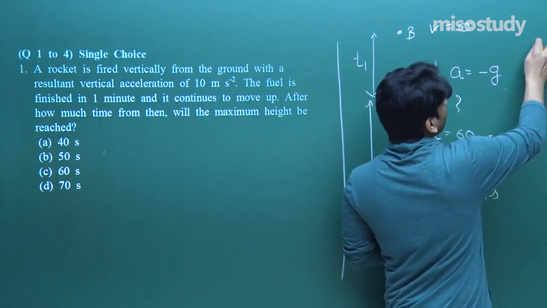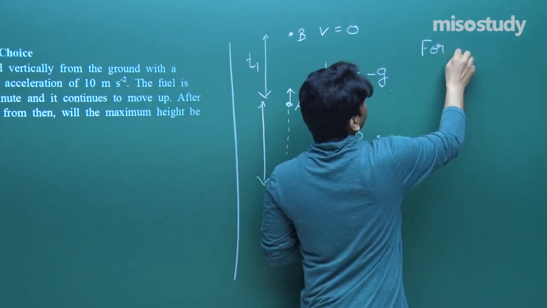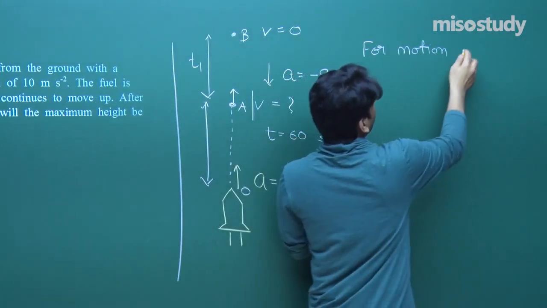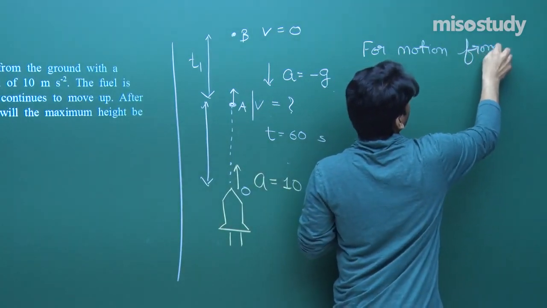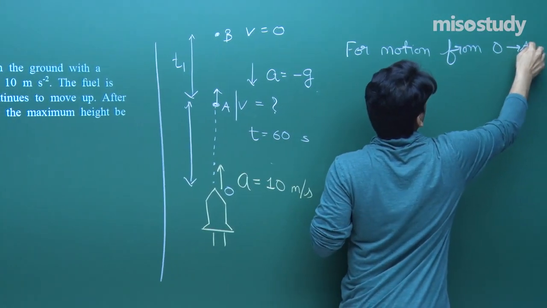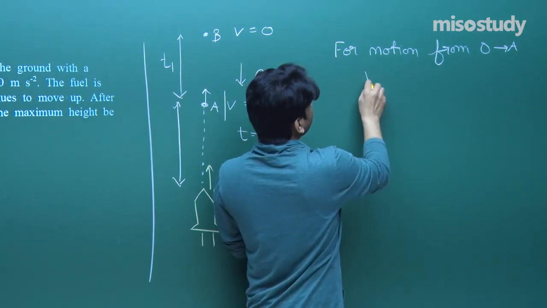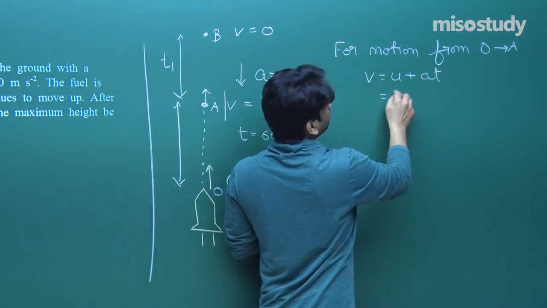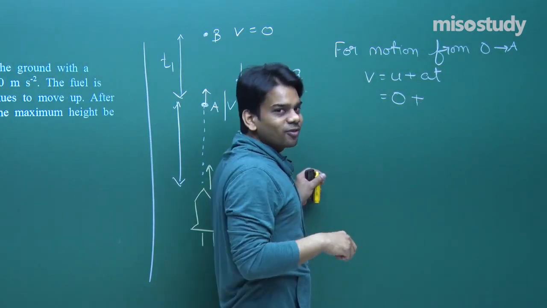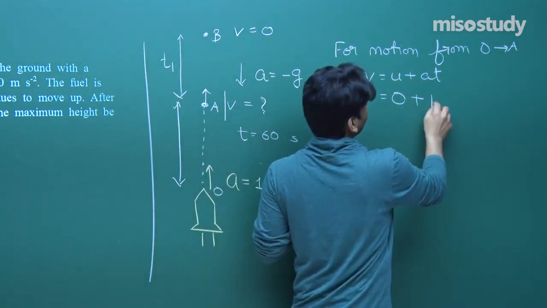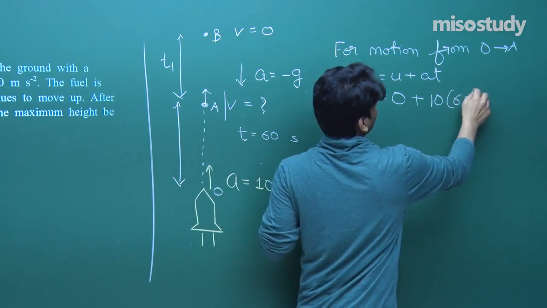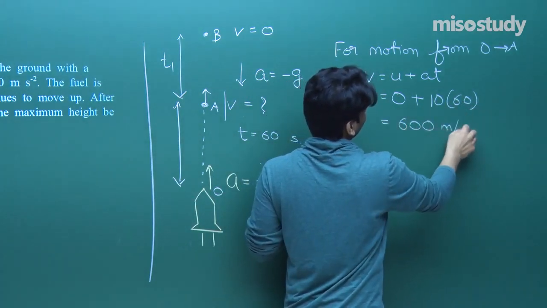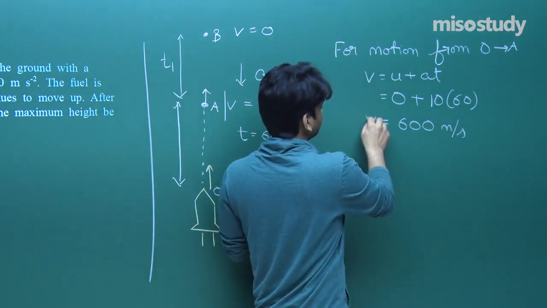For motion from O to A, we are going to use v equals u plus at. v we need to find out, u is 0 because it is starting its motion, so its initial velocity is 0, acceleration is 10 and time is 60. So the velocity attained will be 600 meters per second.